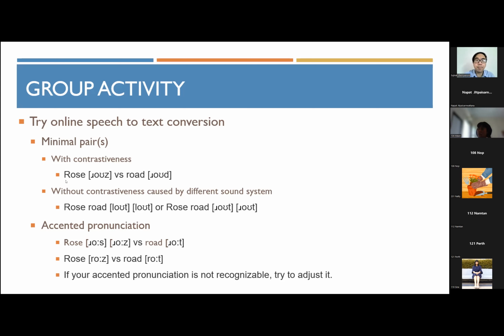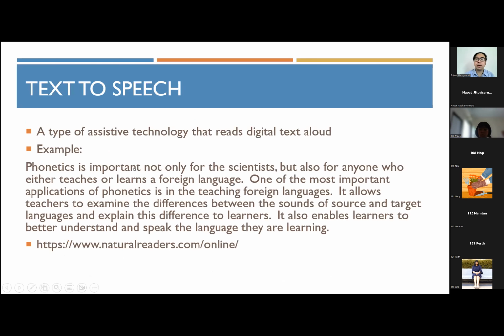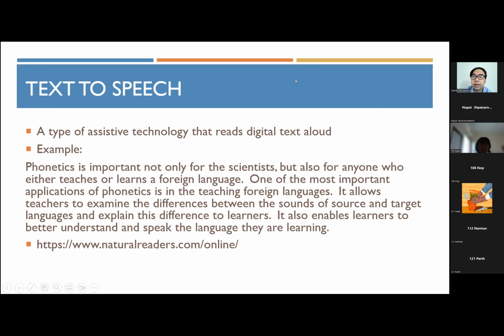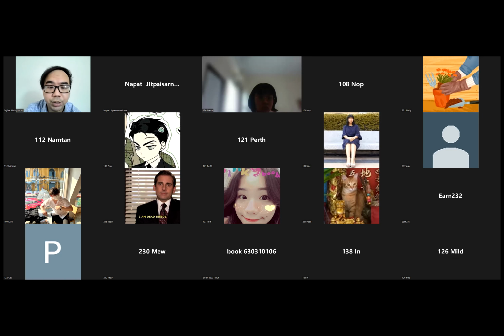So we have speech to text, and we also have text to speech. Text to speech is a technology that reads digital text aloud, so it converts the text form to sound. I will show you how to use it.